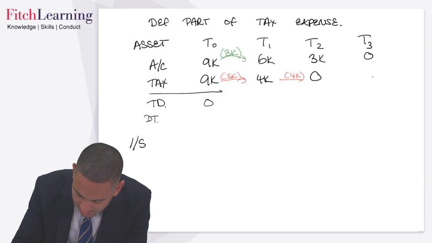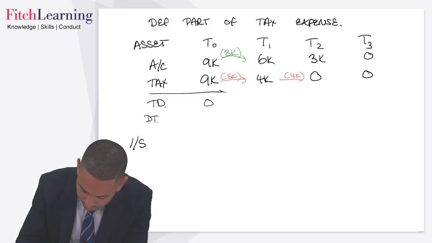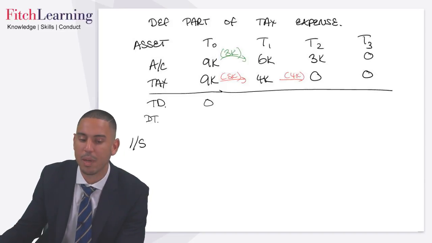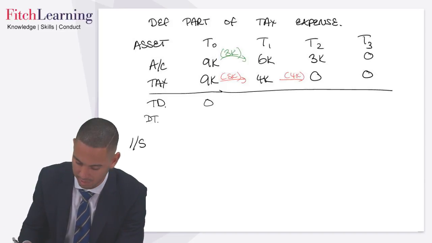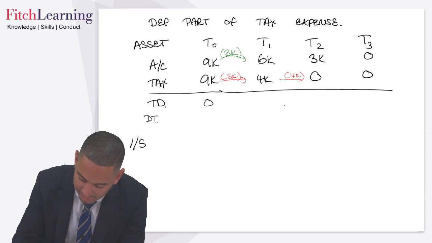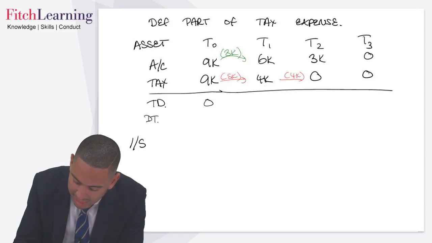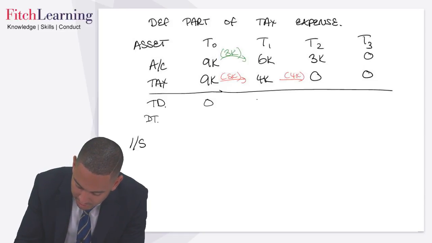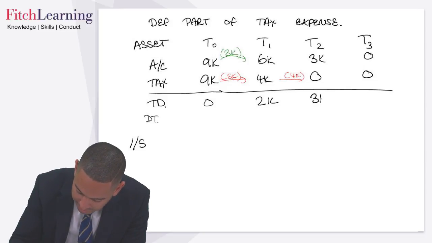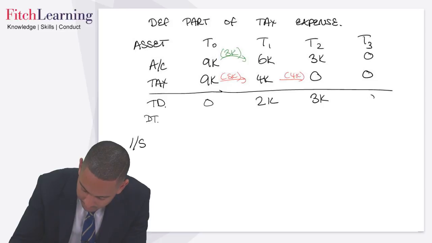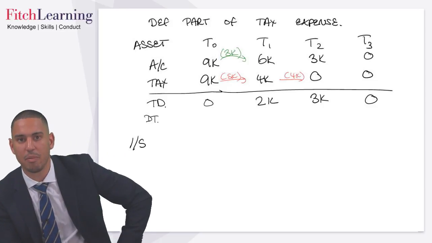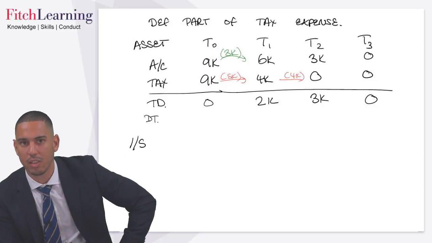It's then going to drop down to 0. Always my accounts minus my tax base, which we will have a look at. And my tax base here is 4,000. So that is a temporary difference of 2K. That is a temporary difference of 3K. And then we've got no temporary difference whatsoever.